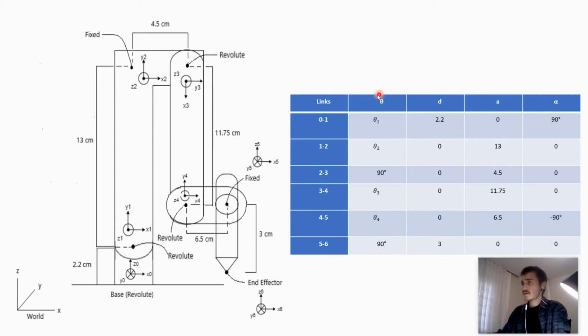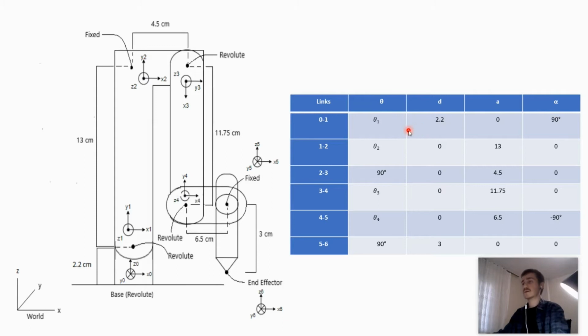So, the theta parameter represents the turn around the z-axis, the d parameter represents the joint offset, the a parameter represents the length of the link, and the alpha parameter represents the joint twist angle.